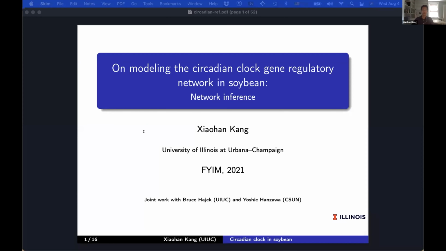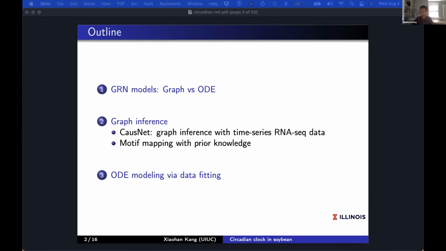Okay, I'm going to use my desktop. Okay. Can you see the slide now? Yes. And can you see it moving? Yes. Okay. All right. So I have 13 minutes.